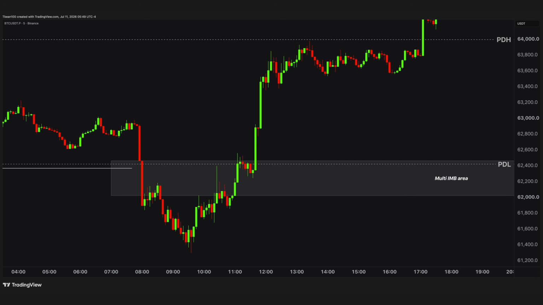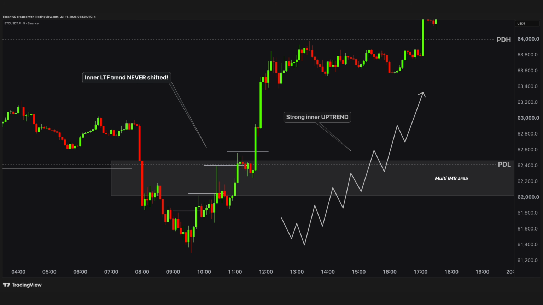Now, from the 1 hour chart, I have dropped to the 5-minute chart, so we can observe what is happening in much clearer detail here. If you carefully look at it, the inner trend is extremely strong, but it's going upwards. It actually never shifted downwards at all. So when you look at it carefully, there is no downtrend market structure break at all.